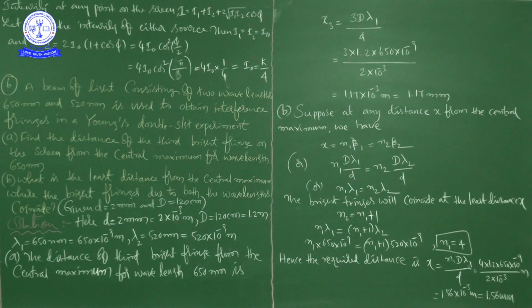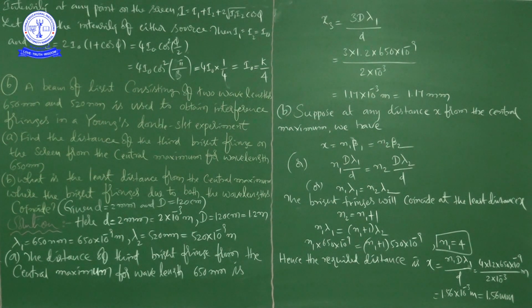Here this is lambda 1 as 650 nanometers, and that is what we need to discuss for problem A. See here, the formula for the distance of the third bright fringe from the central maximum for wavelength 650 nanometers is, right? In the same class, in the case of the fourth problem, I told you, right?